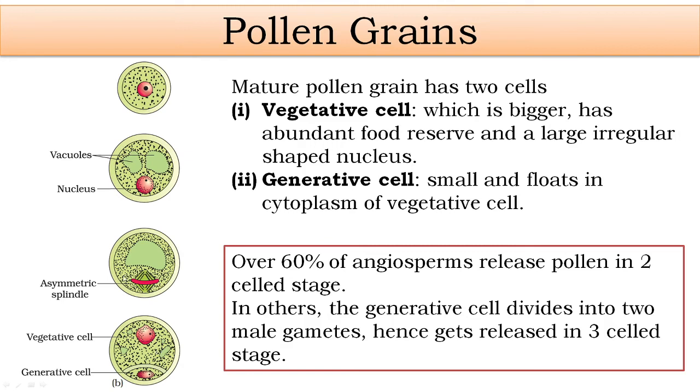The generative cell divides into two male gametes right before it lands on the stigma, so the pollen grains are released in three cell stage. Clear? In 60% of the angiosperms, the pollen grain is released in two cell stage, whereas 40% of the angiosperms release their pollen grain in three cell stage, in which the generative cell divides into two male gametes.